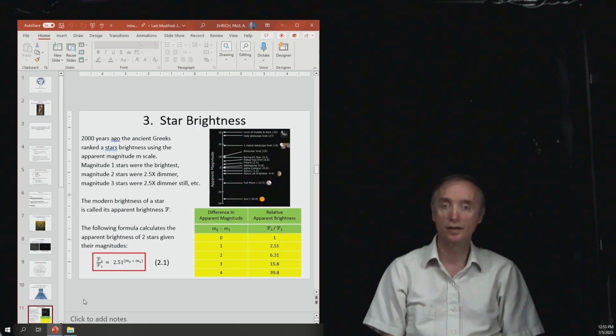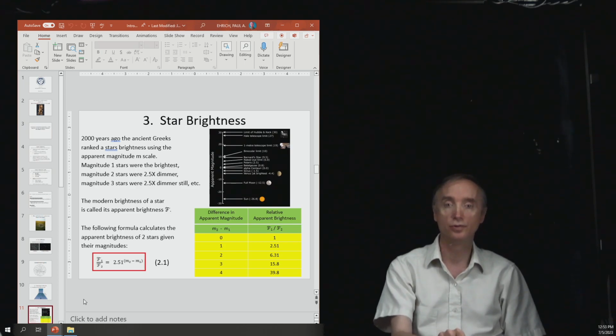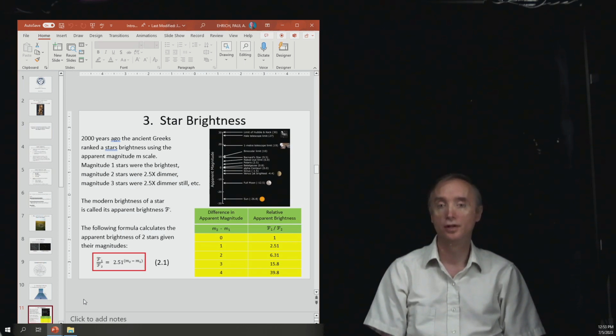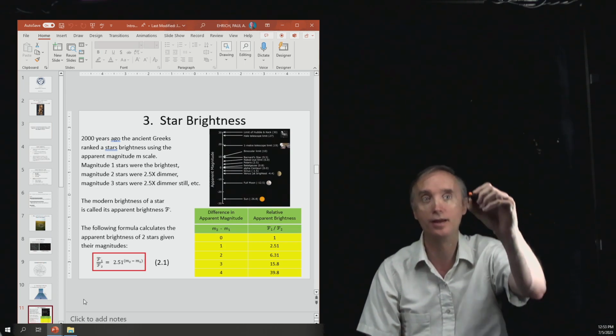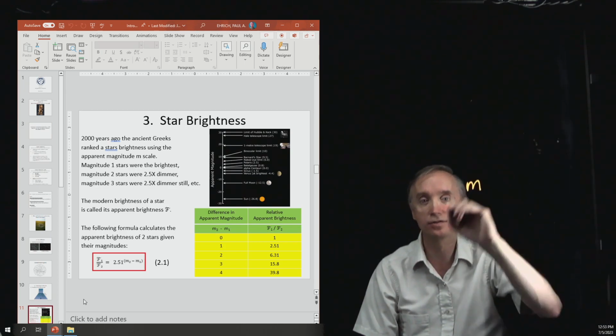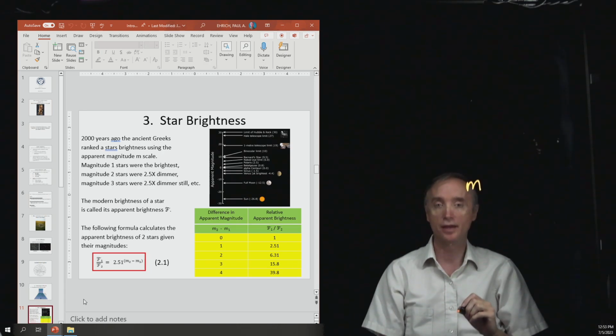Then we've got this formula here, which is going to allow us to tell the relative brightness of objects compared to each other if we know their magnitudes. The magnitude is given by the letter M. M stands for magnitude, and in the old days the magnitude went from 1 to 7.